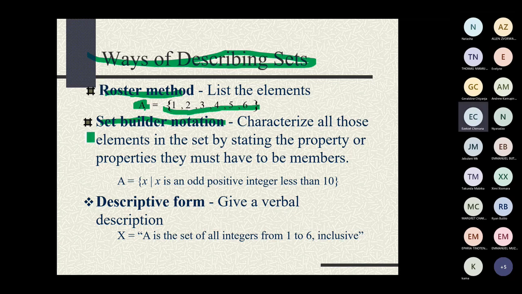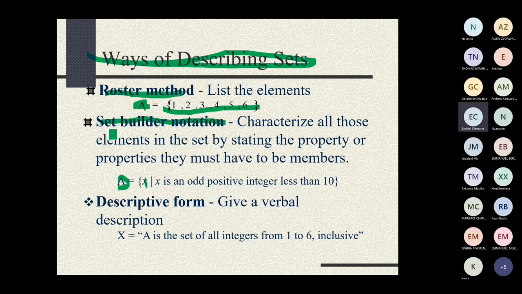For example, here we've got set A, which says x is such that x is an odd positive integer less than 10.